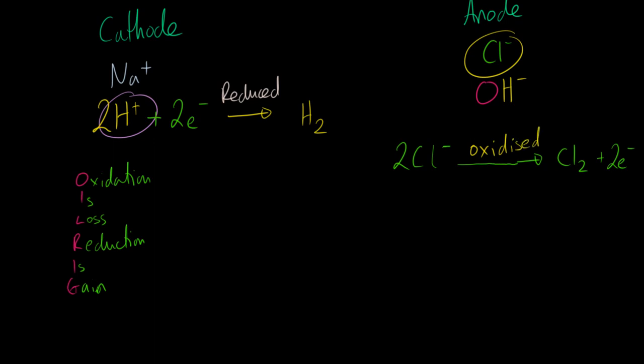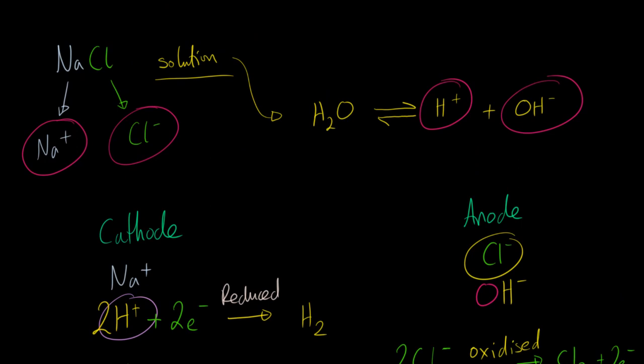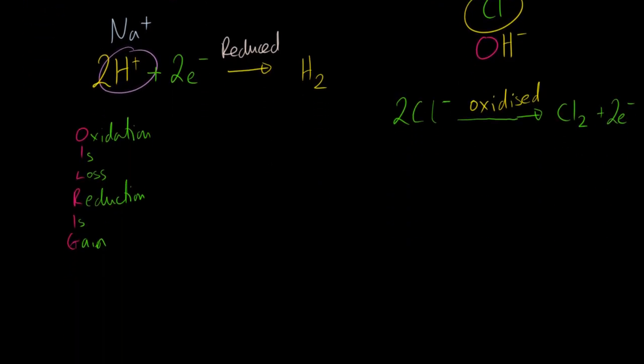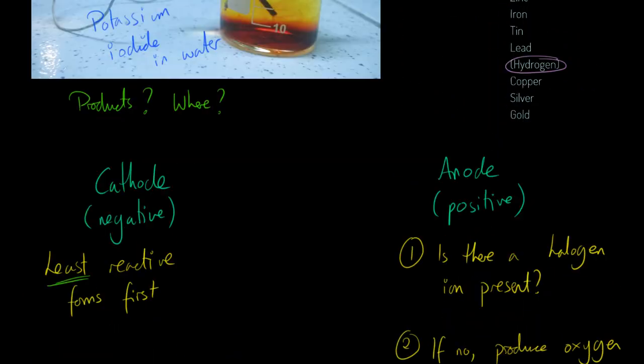So what are you going to see with your sodium chloride solution? You are going to see hydrogen gas forming at the cathode. You are going to see chlorine gas forming at the anode. And what are you going to see left in your beaker at the end?